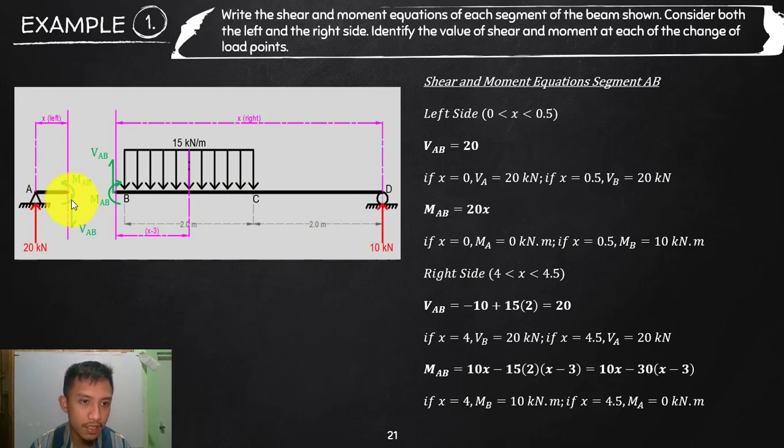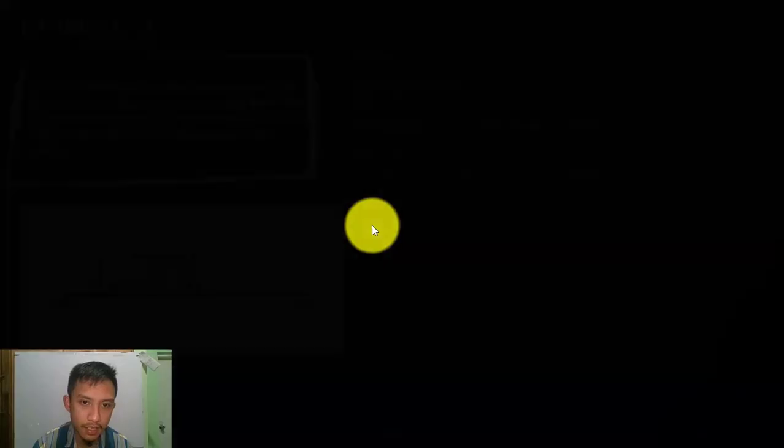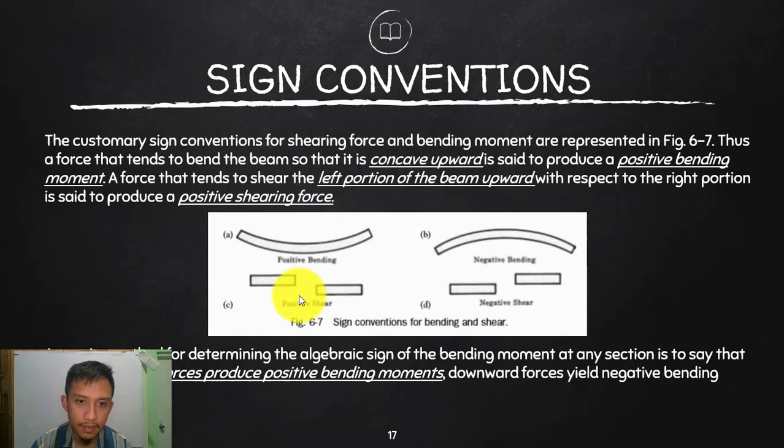Once you assume a direction here, all you need to do is reverse the direction, since we are transferring the force to the other side. So again, that is the rule of transformation of your forces. Okay, so first I will assume here. For that to be bending your beam upwards, that should be a counterclockwise moment. And then for us to have the right side deflected downwards, that is again our sign convention.